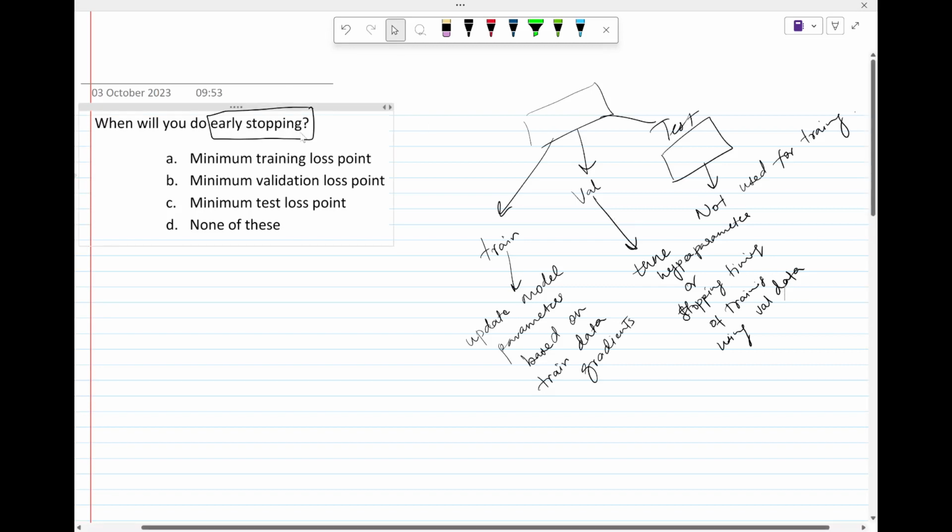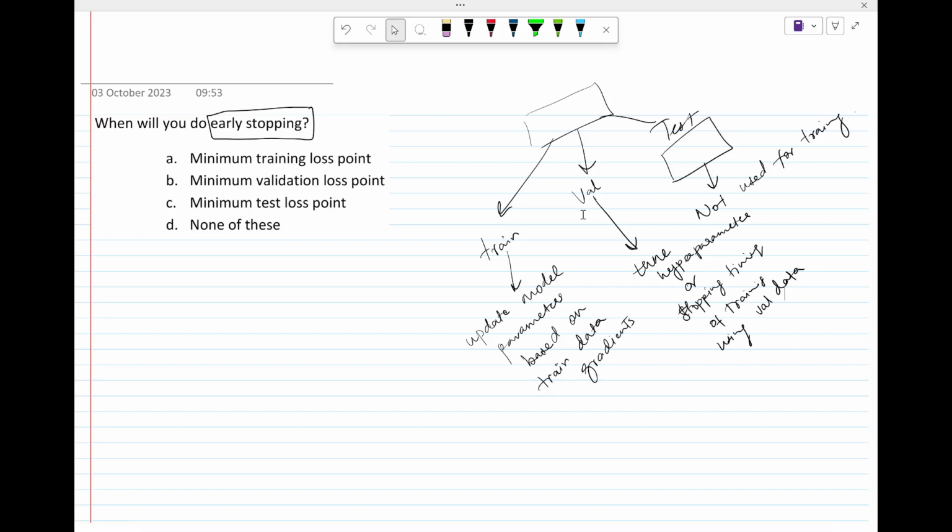So the early stopping criteria is you train, update your model based on your train data gradients, and then after each epoch or after some mini batches you look at your validation data, you look at the error.